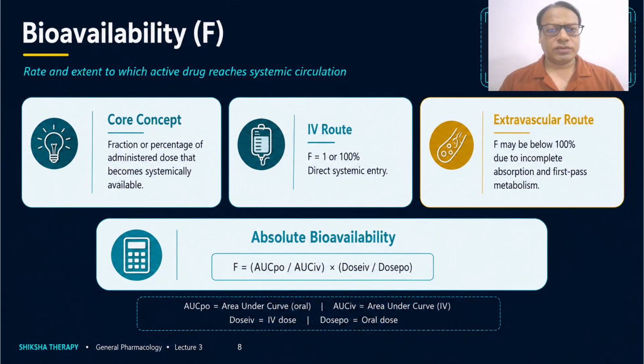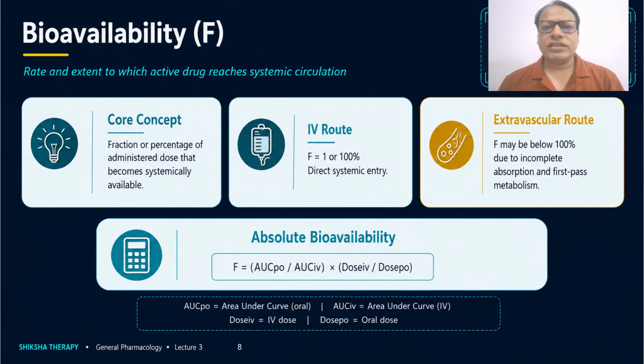Bioavailability. This is also a very important concept. Bioavailability is the fraction or percentage of an administered dose that reaches systemic circulation in unchanged form. Unchanged means that form which is available for functioning, available for binding with the receptor and available at the site of action for action.